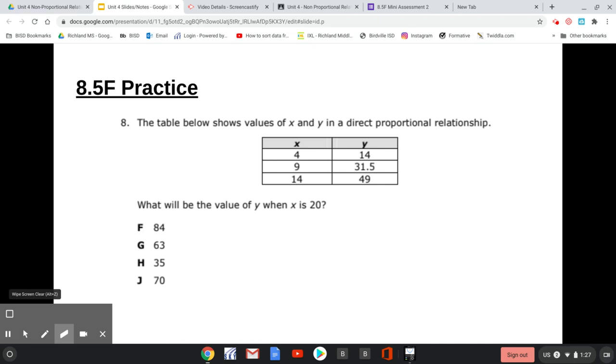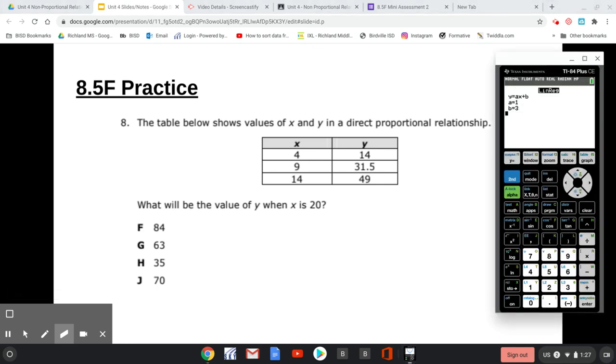So we have a table and it shows the values of x and y in a direct proportional relationship. What will the value of y be when x is 20? So I'm going to use my calculator on this. I'm going to hit stat and put this table in.